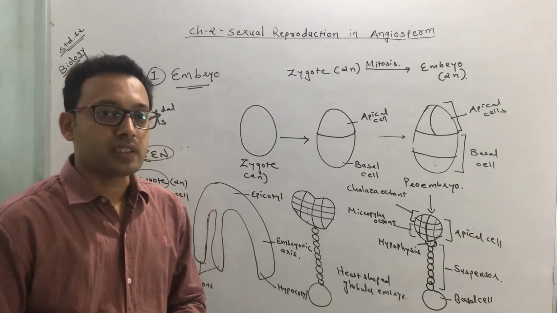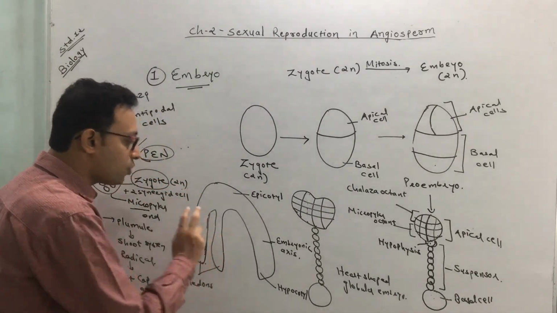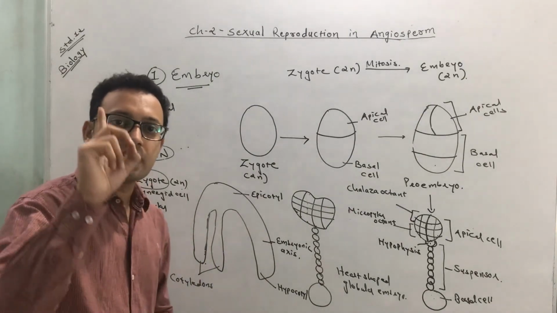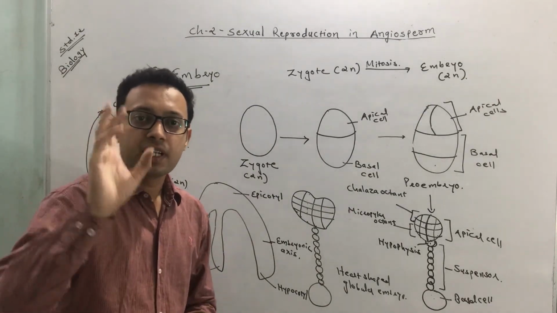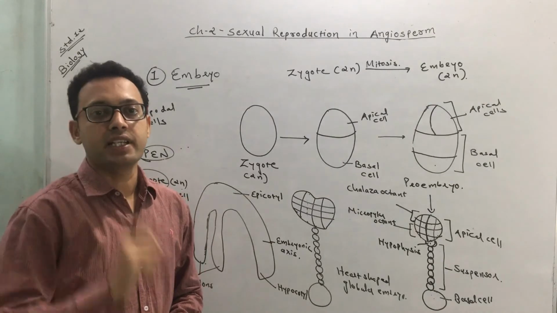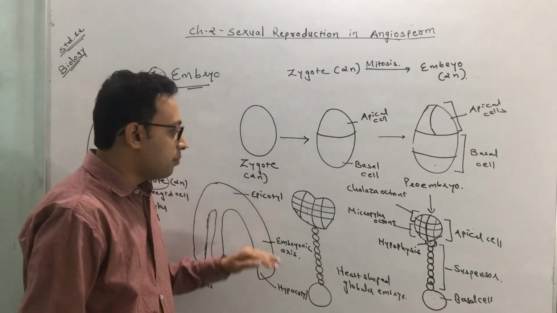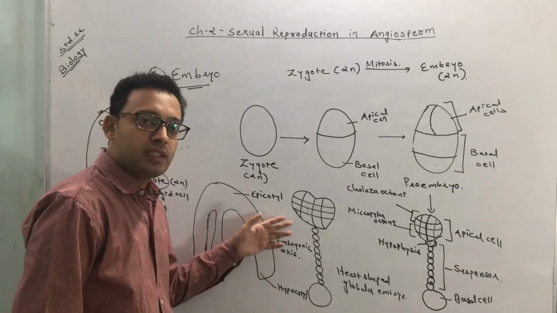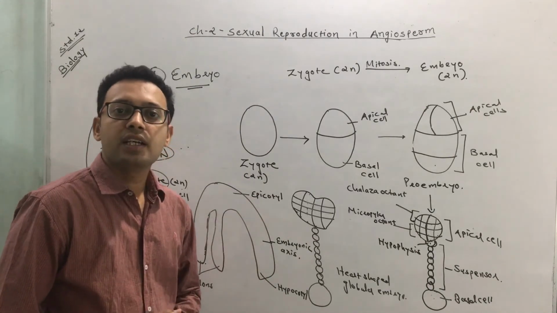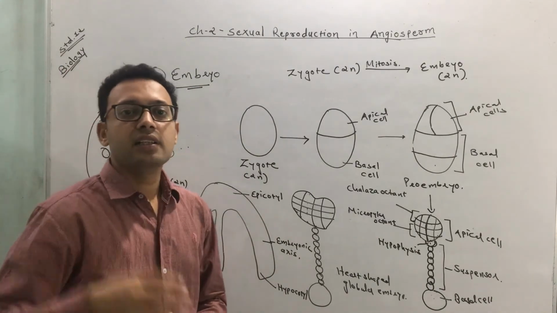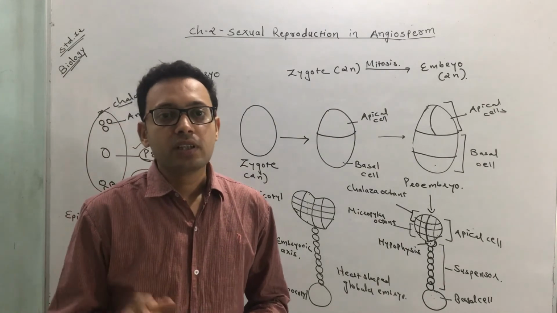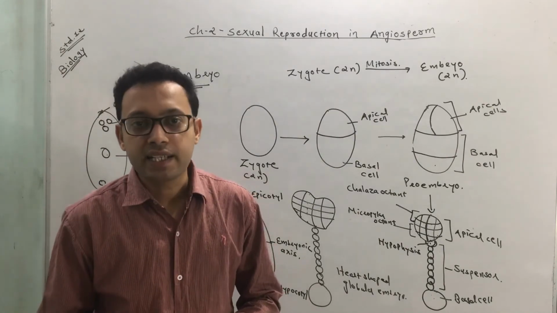Now in a monocot seed, in a dicot seed there are 2 cotyledons, but in a monocot seed there is only 1 cotyledon and it has an embryonic axis. This is the difference. The other things are the same. The portion above is called the epicotyl, the portion below is called the hypocotyl. The epicotyl develops into a plumule and the hypocotyl has a radicle.